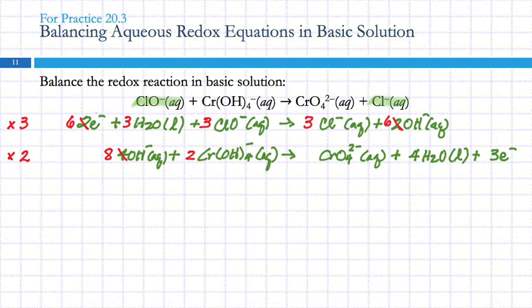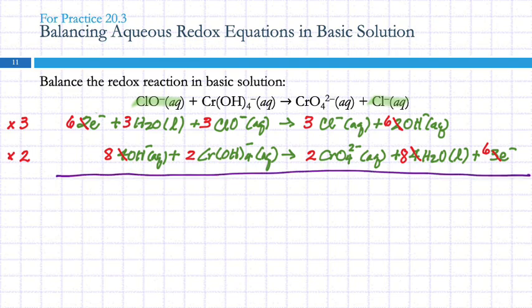That one's 2, and this one's 2, and this one's 8, and this one's 6. So now I can add these together. The 6 electrons that are lost by one are gained by the other. No electrons were lost or invented out of nowhere. And then I'm going to copy down everything else.